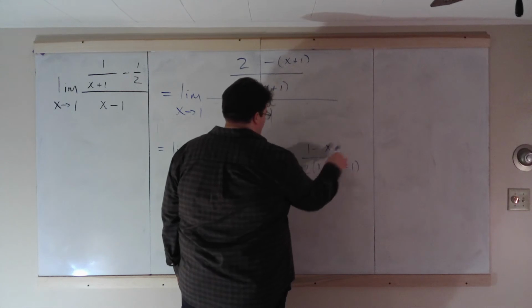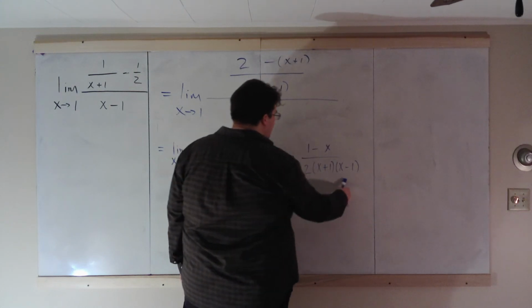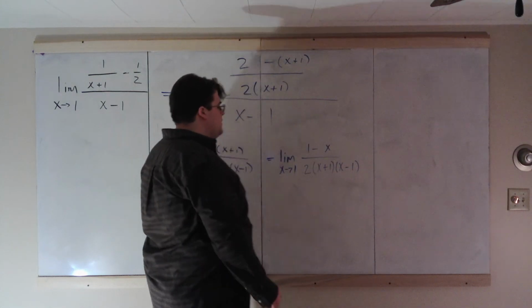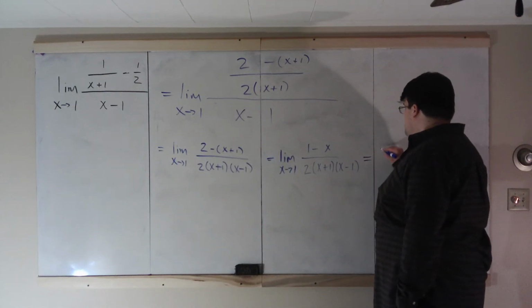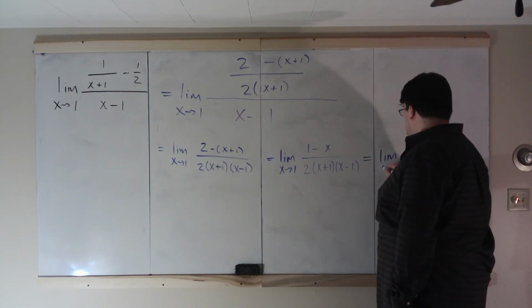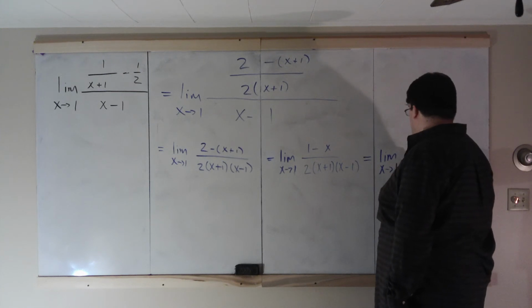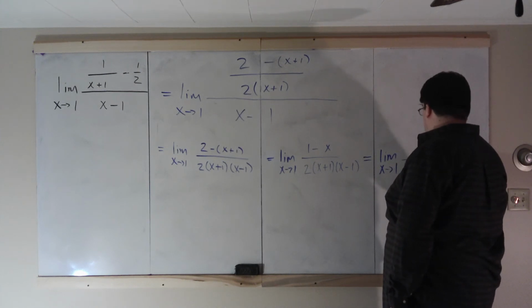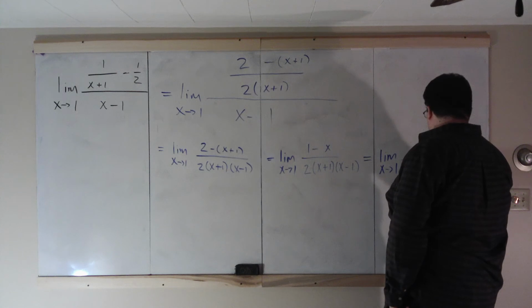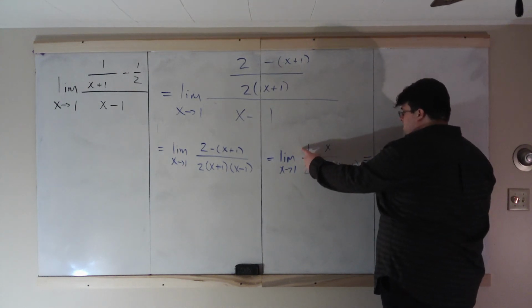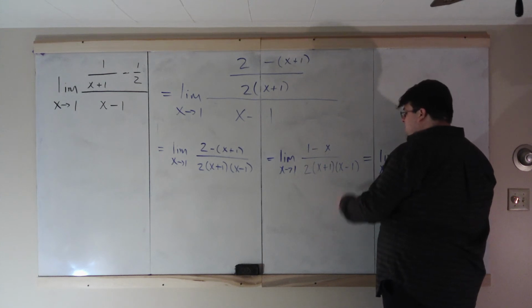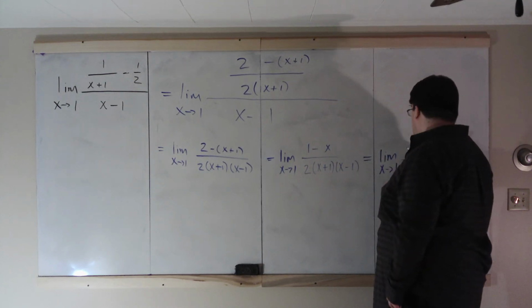Look at this 1 minus x. That looks a lot like that x minus 1. Not entirely like it, but it does look a lot like it. How do those two terms differ? Well, in the top, there's a positive 1 and a negative x. In the bottom, there's a negative 1 and a positive x.